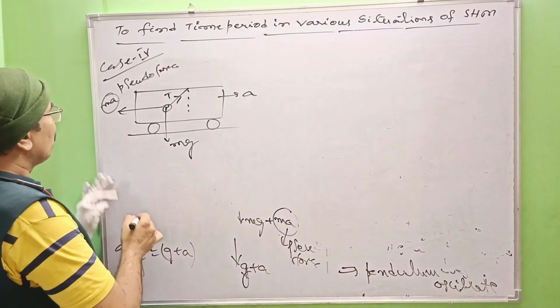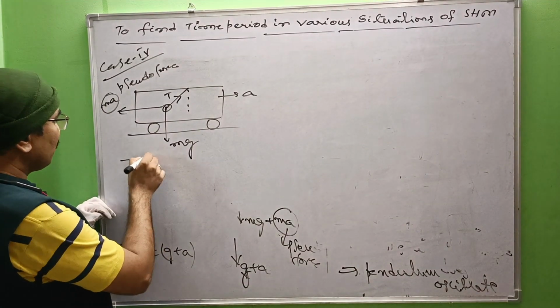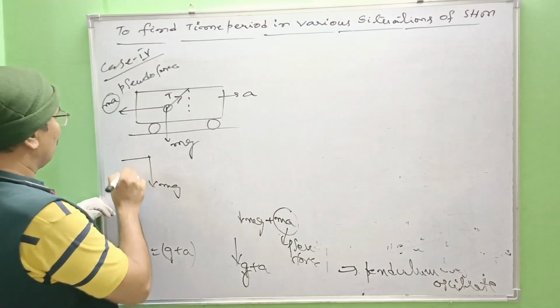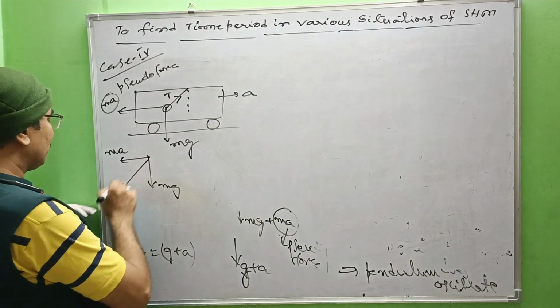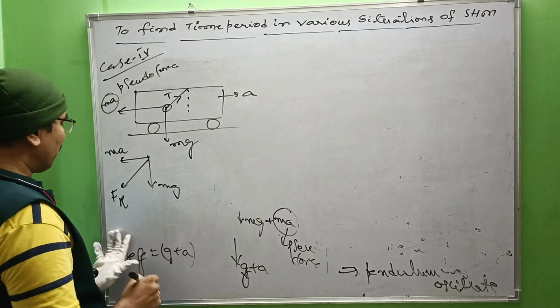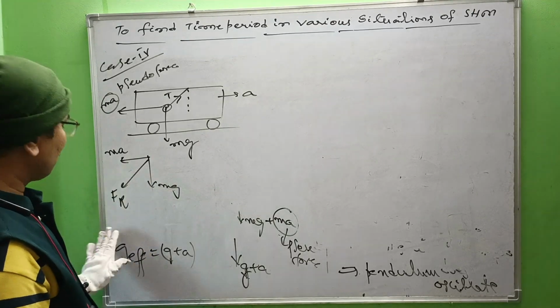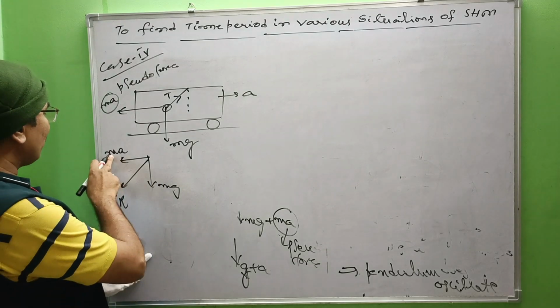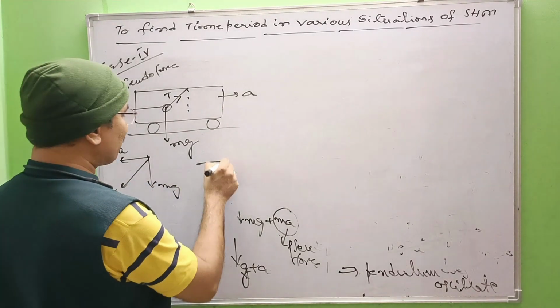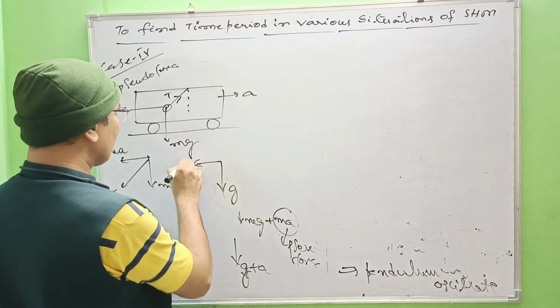So what is the net force here? See here, mg down, ma leftwards. Now this is the resultant force. So F resultant equals root over (mg) square plus (ma) square. If m is neglected, since m is common in both terms, the same can be written as g and a.